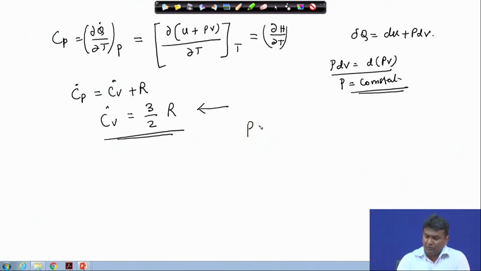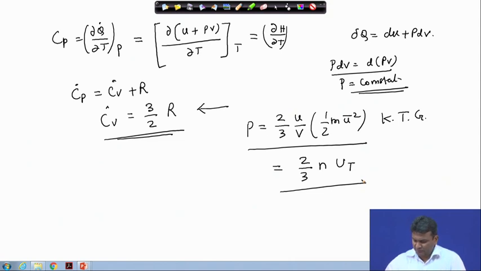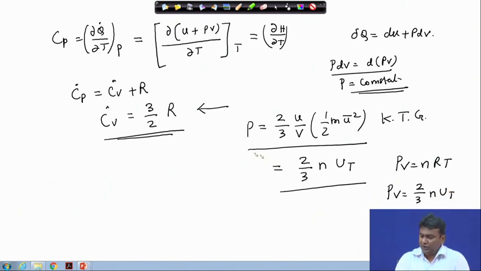Please refer to the handout; you can just correlate it to this relation of pressure you have from the kinetic theory of gases, and I am not going into the symbols. This tantamounts to N into Ut, the translational energy possessed by a mole of gas, and by knowing that PV equals nRT, we actually get PV equal to 2 by 3 NUt. This is what you can correlate from here.